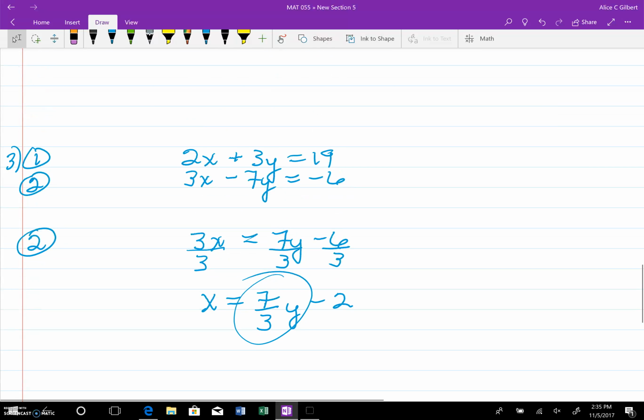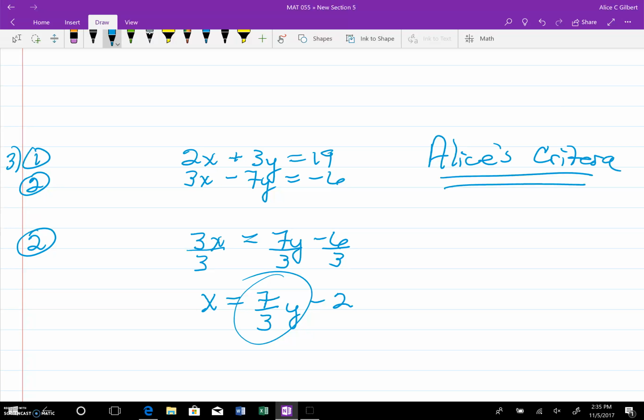So here's my criteria, guys. Alice's criteria, okay? I don't care what the directions say, whether I did them or the book did them, but if it doesn't meet my criteria for doing substitution, then use the elimination method.